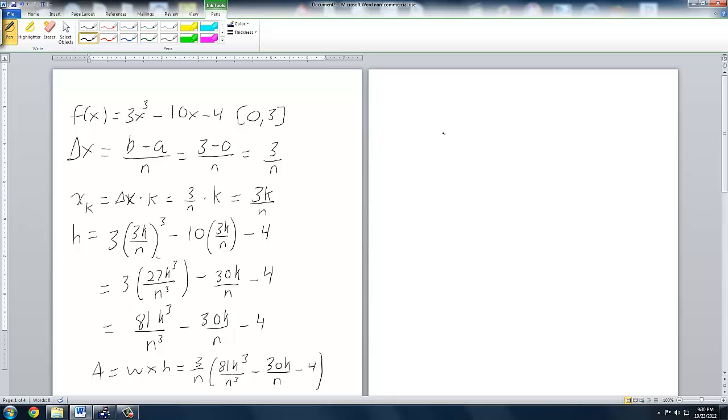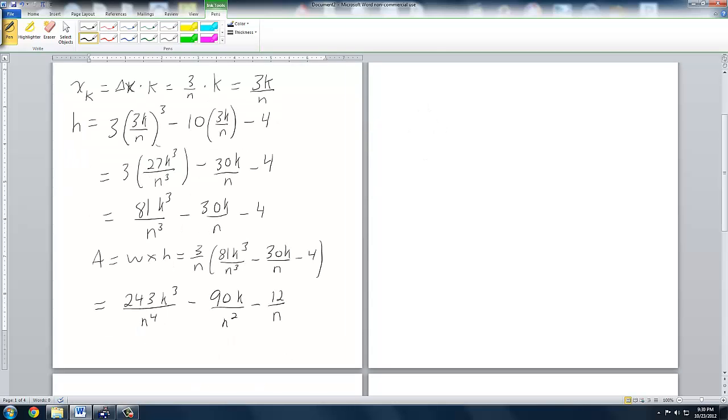Now what we're going to do is take the sum of all these areas. How many of them? Well, we're going to do n of them, because we're going to do an infinite number of rectangles. So this is the sum of 243k to the third over n to the fourth minus 90k over n squared minus 12 over n, this whole thing.